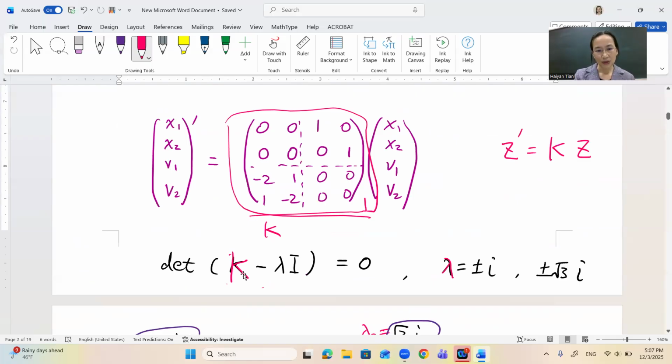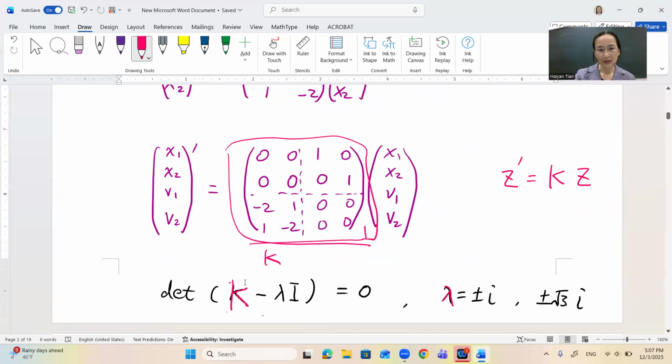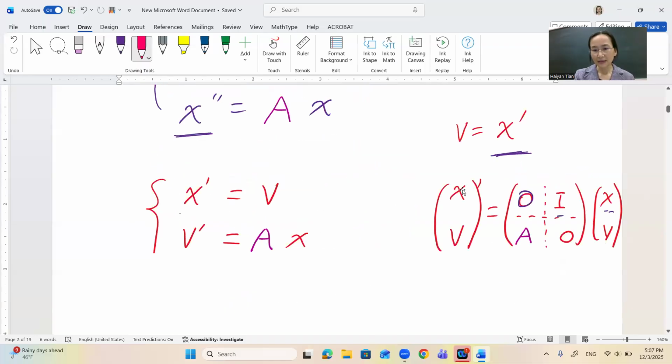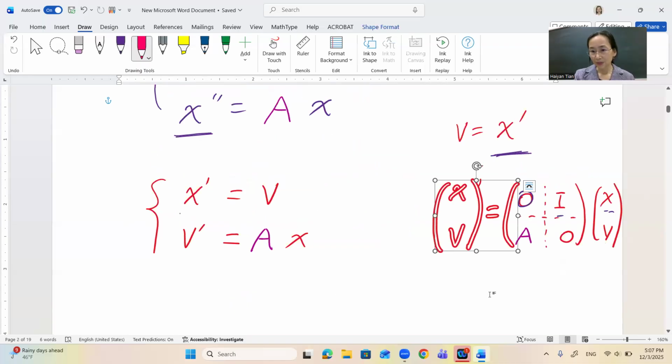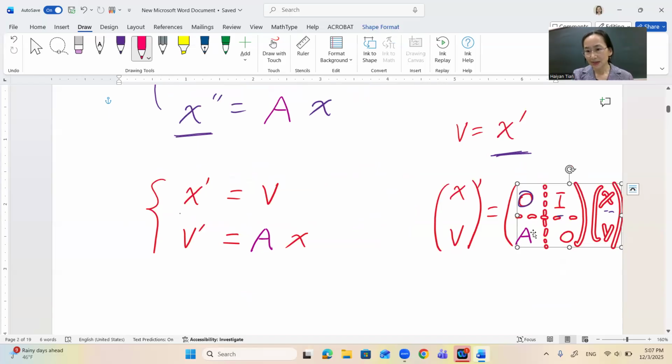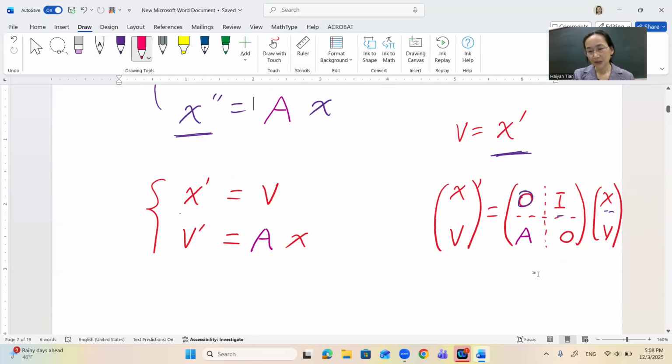Of course, when you have a system of 3 bodies, then you will have x1, x2, x3, right? Your velocity will be v1, v2, v3. And certainly the first order will be involving a matrix of 6 by 6. So the A will be 3 by 3, but this matrix will be 6 by 6 for the first order system.